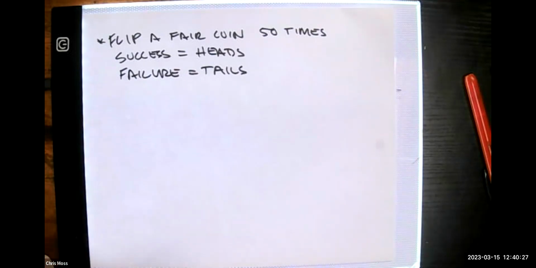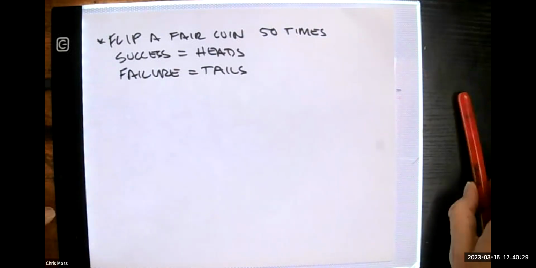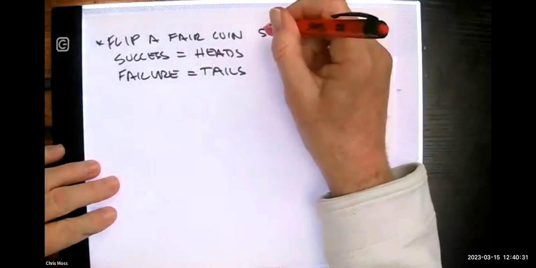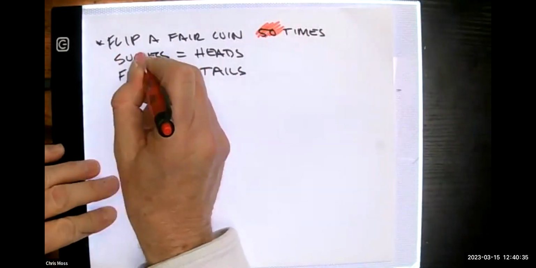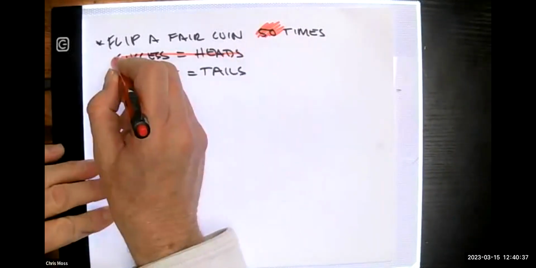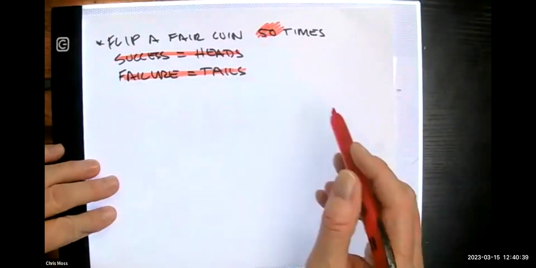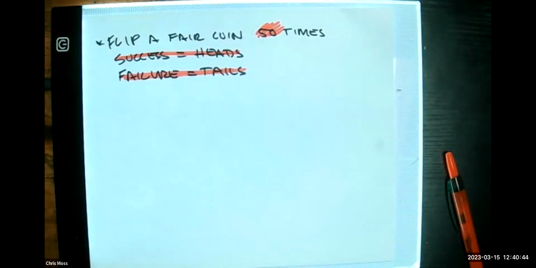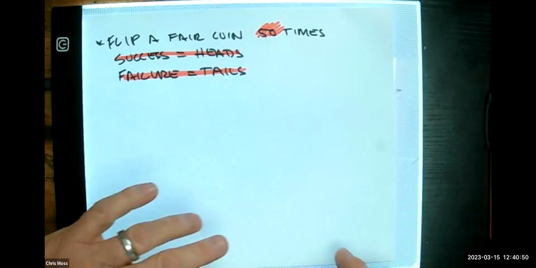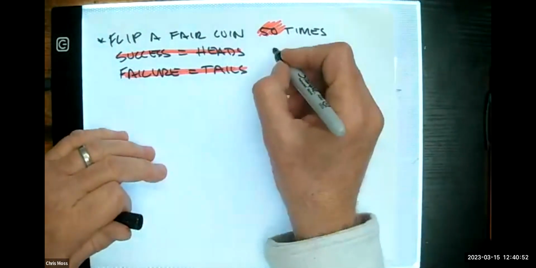You have a fixed number of trials. You have clearly defined two outcomes. Coins do not change their probabilities as they get tossed, and they don't affect subsequent tosses. So this is a nice example of a binomial distribution.